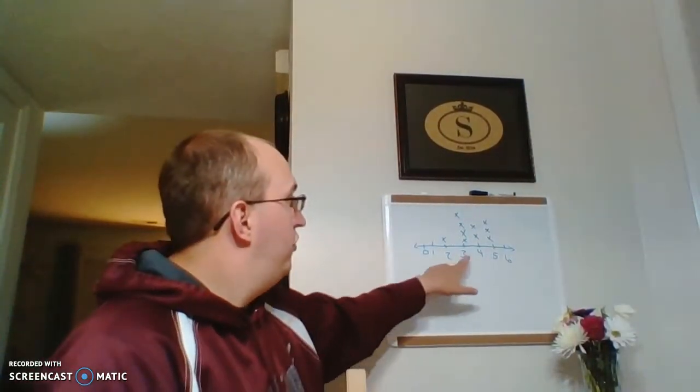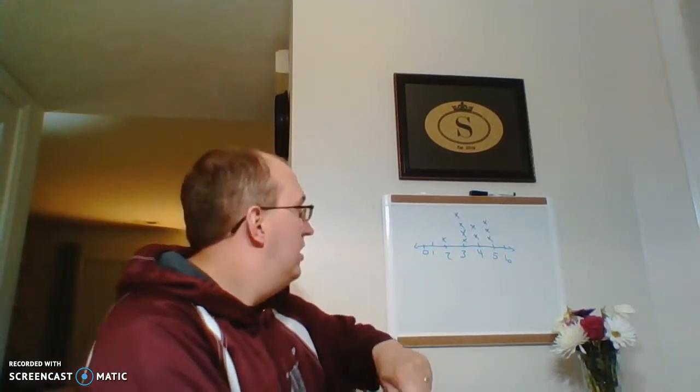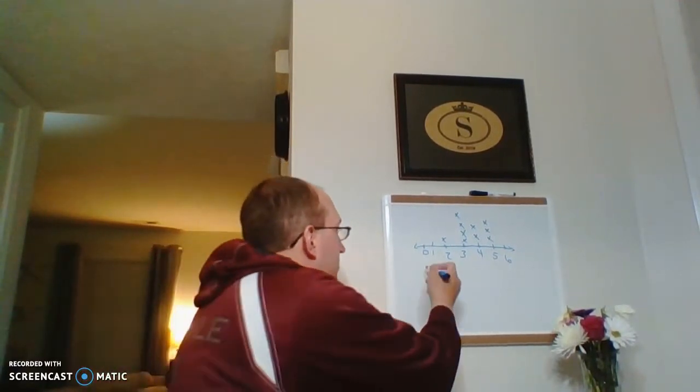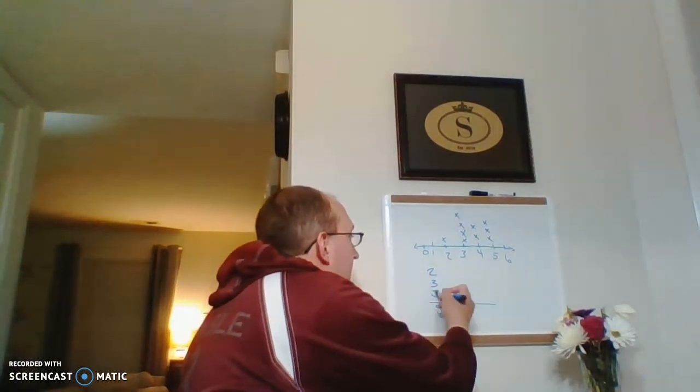So we're going to create the frequency table. To do that, we need to have two columns, one for the number of phones and one for the number of families that had that amount. So as you can see, we have 2, 3, 4, and 5 number of phones that are owned. So I'm going to create my frequency table with those numbers. 4, 5.